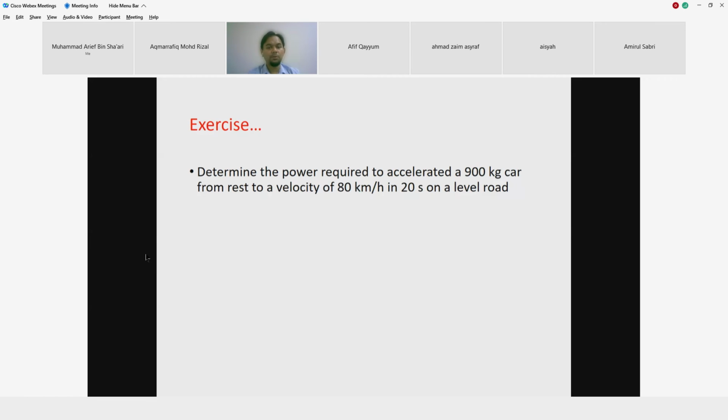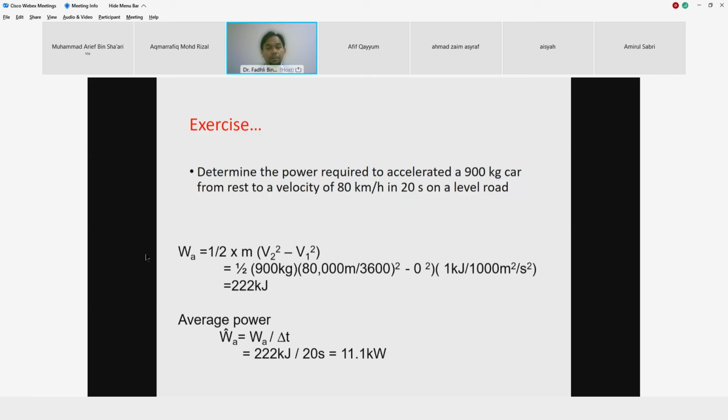Exercise. Determine the power required to accelerate a 900 kilogram car from rest to a velocity of 80 km per hour in 20 seconds on a level road. Okay, so determine the power required. We have to find the joule first, the work. So the work is W equal to 1/2 times m(v2 squared minus v1 squared).